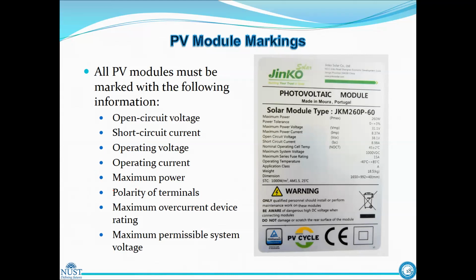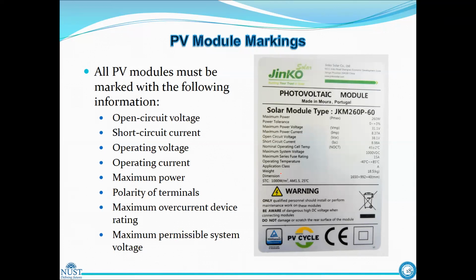Besides these, we should also know the polarity of terminals. It should be clear, otherwise we will connect them oppositely. Maximum overcurrent device rating should also be known. Otherwise, the overcurrent device may not protect the photovoltaic array. Also the maximum permissible system voltage that these photovoltaic modules can bear, meaning the voltage of the whole array.